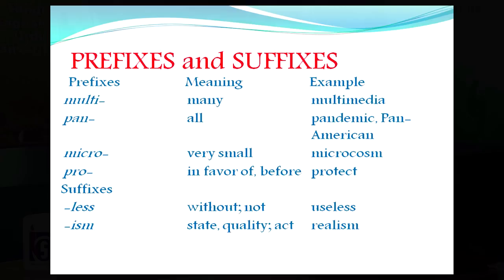Likewise, multi means many. So, when you know the word multi, the moment you find a word with multi, you know it means plenty or many of the same type.